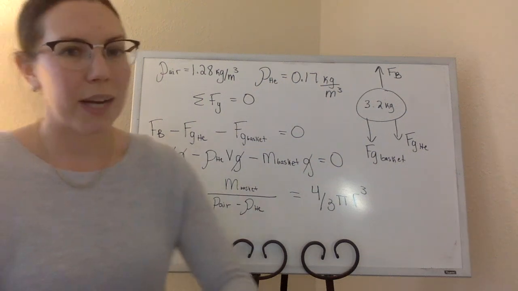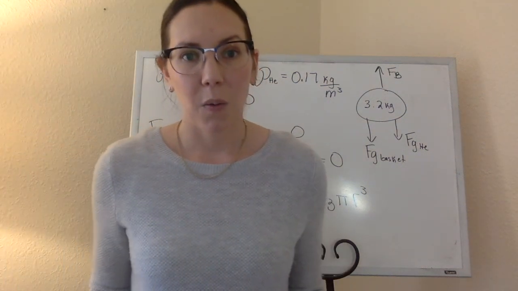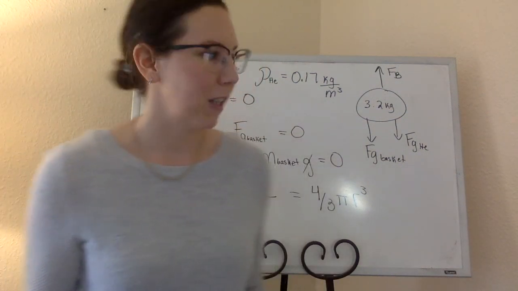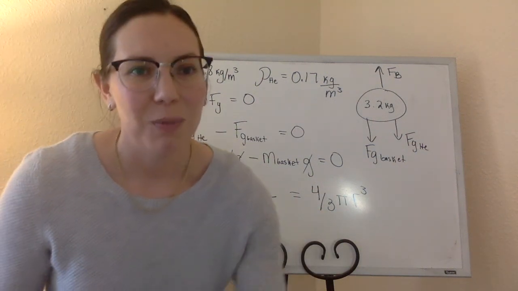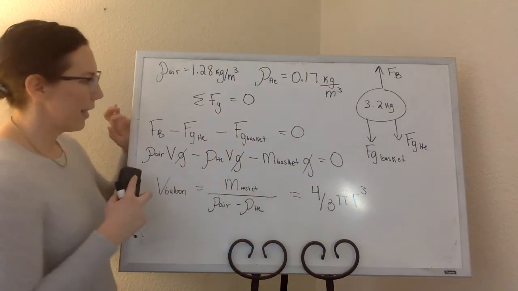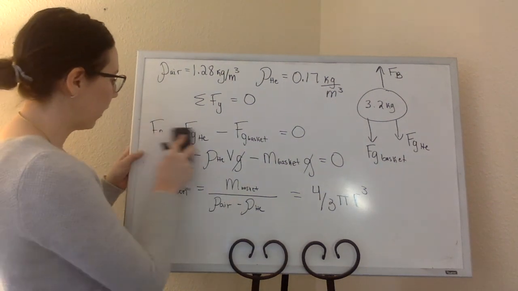Now, we want to find the radius of the balloon, so we can plug in the expression for the volume of a sphere, which is 4/3 pi r cubed. So I'll just rearrange and plug in the numbers. I'm going to erase this on the top, but you can pause if you need to.